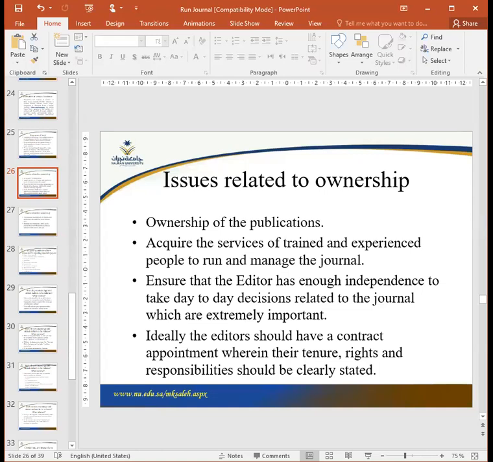But if the editor has to take permission for each and every action or decision from a higher authority, it will not only slow down the whole publication process, but never encourage the editorial team to take initiative. Ideally, the editor should have a contract appointment with a defined period, and the responsibilities should be clearly stated.